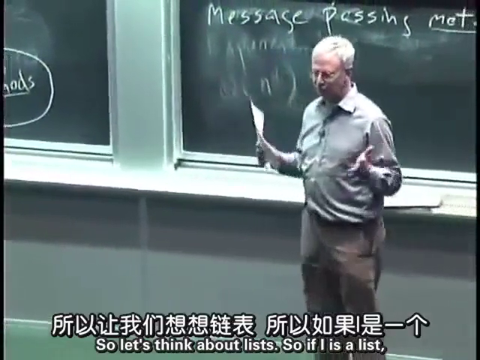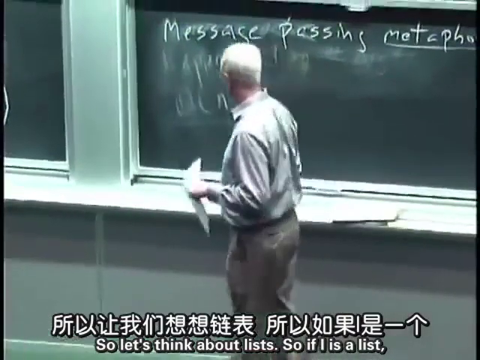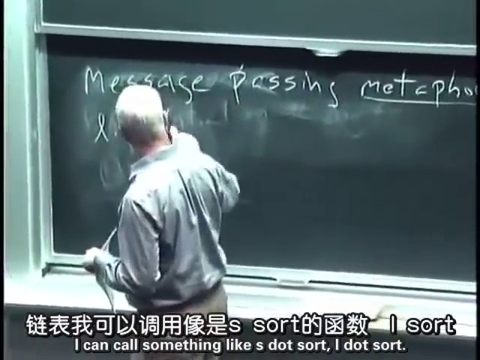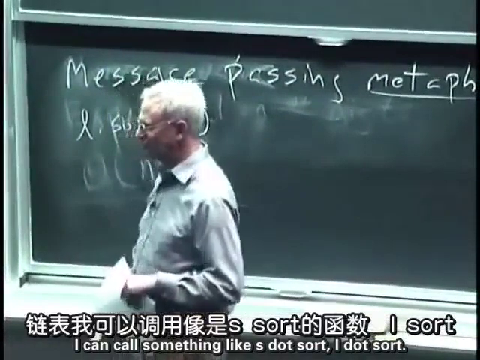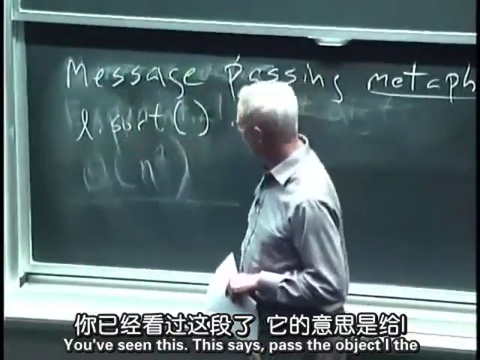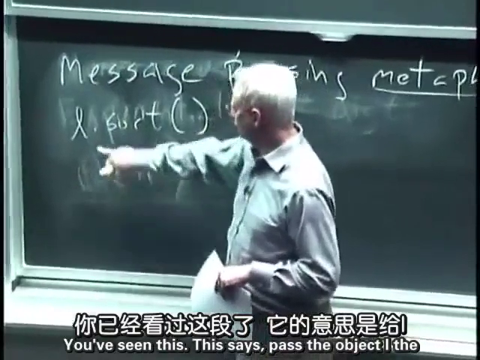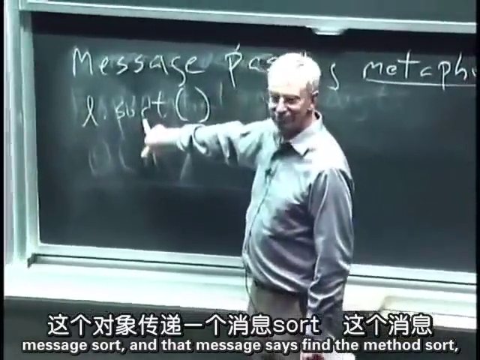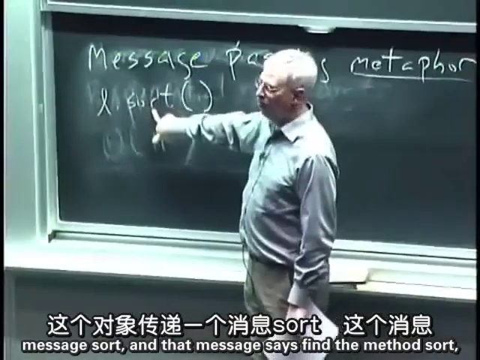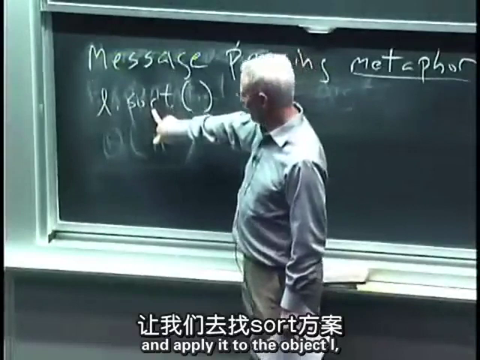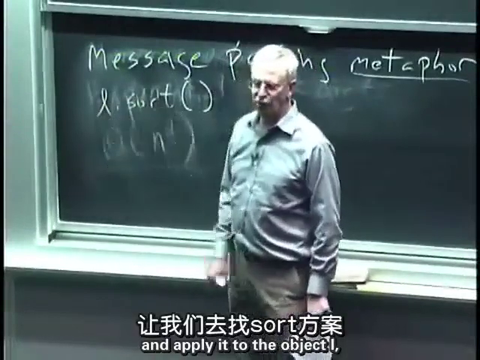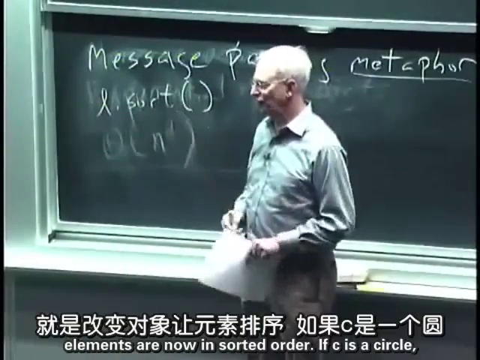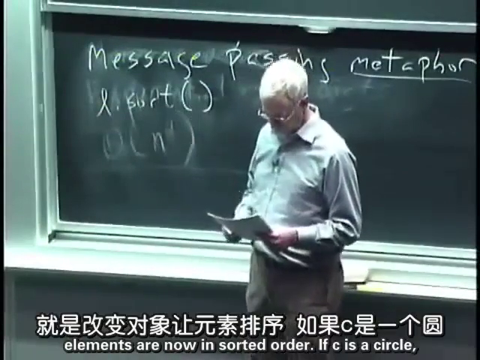So let's think about lists. If L is a list, I can call something like L.sort. You've seen this. This says, pass the object L the message sort. And that message says, find the method sort and apply it to the object L, in this case, mutating the object so that the elements are now in sorted order.